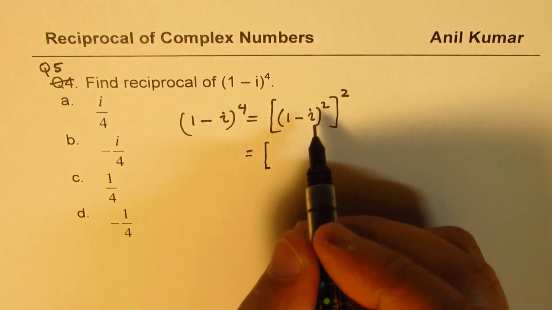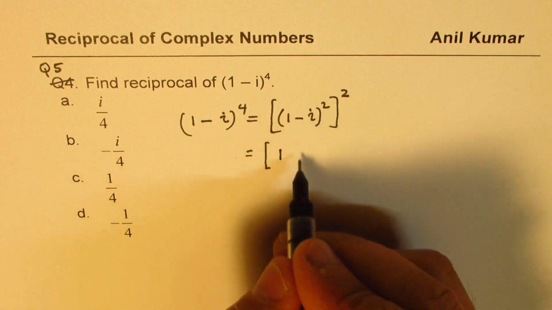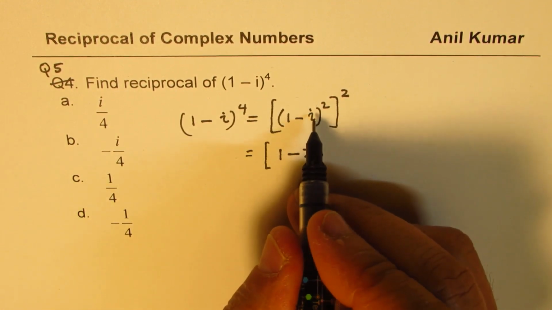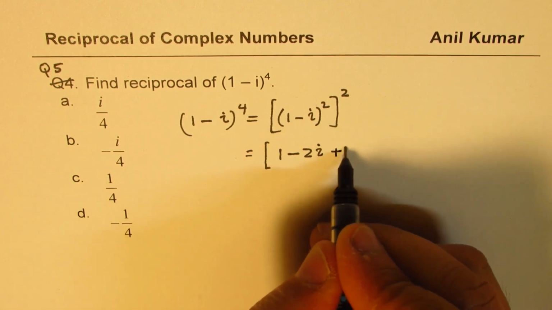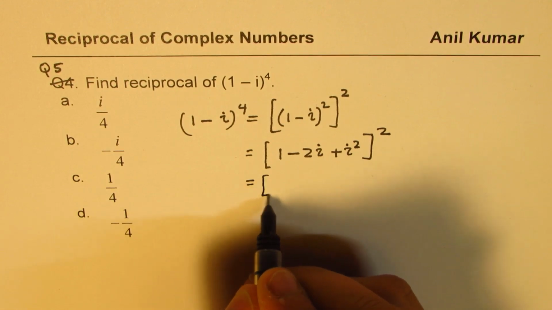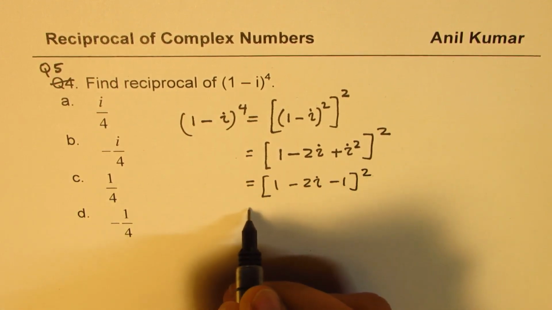So that gives you, inside the square we'll sort out first, which is a square minus 2ab, that means 2i, and then plus b square, that means plus i square, right? This whole square. So that gives you 1 minus 2i, i square is negative 1, whole square.